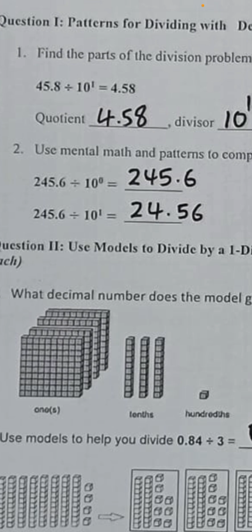But when we divide 245.6 by 10 power 1, as you know, we move the point to the left. The power is 1, which means 10. So 10 and 10 power 1 is the same. We move the point one step to the left. The point was between 5 and 6. Now it becomes between 4 and 5.